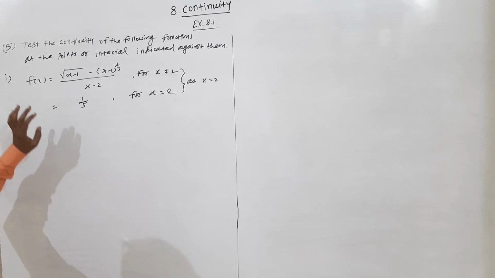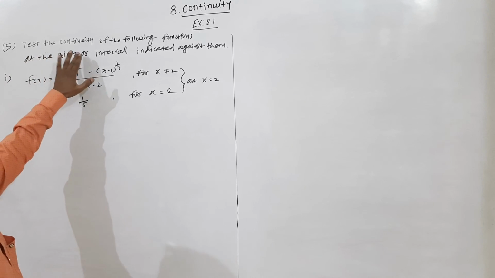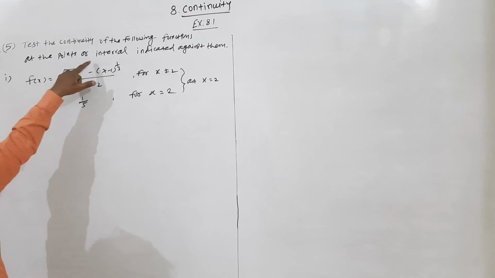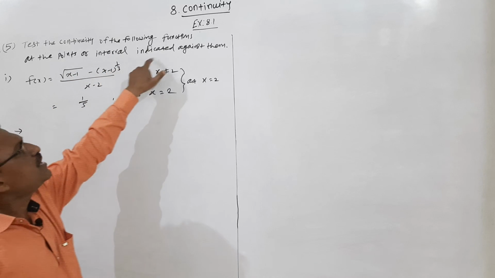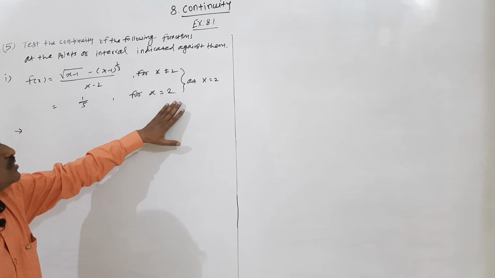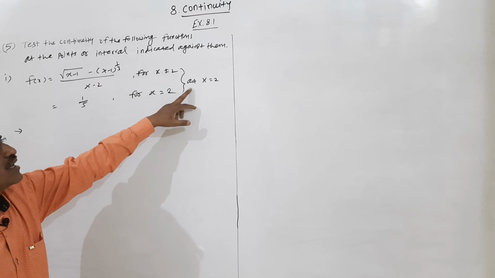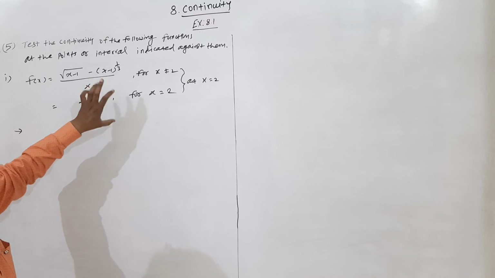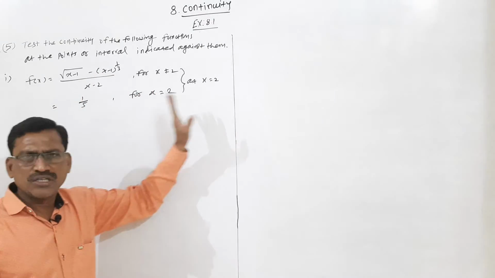Next question: test the continuity of the following functions at the points or interval indicated against them. Here we have to check its continuity at the point x equal to 2.